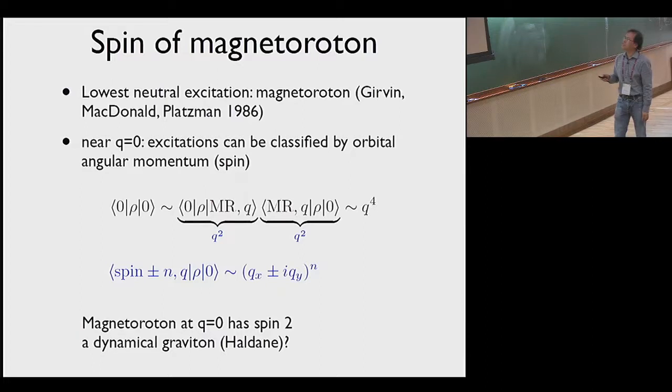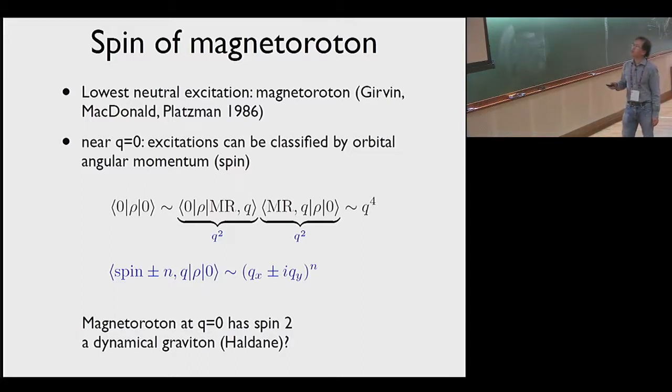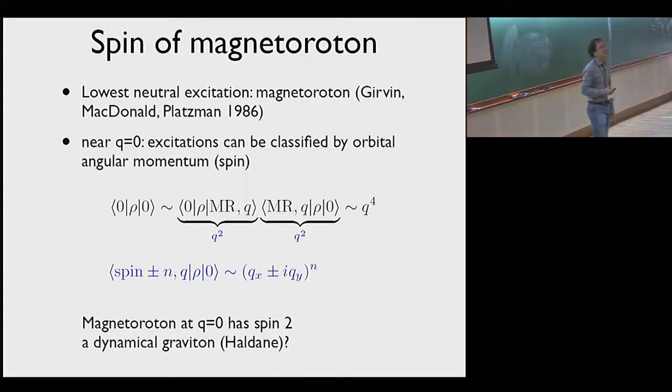The matrix element of the scalar operator rho between the vacuum and this state with momentum q must, from symmetry, be qx plus or minus i qy to the power of n, depending on the sign of the spin of this particle. And in order to have q squared, that magnetoroton must have spin 2.